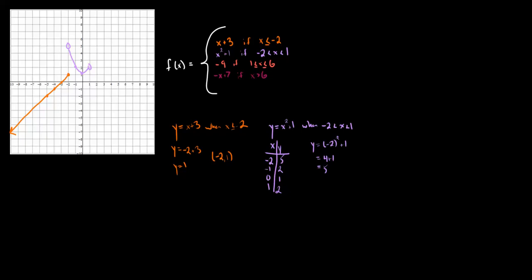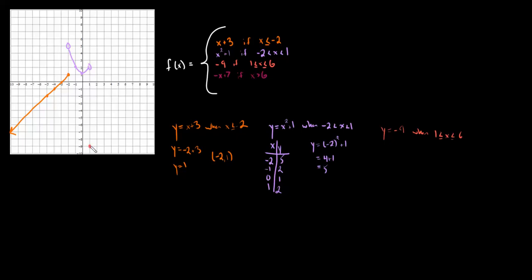Now, from there, we have y is equal to -9 when x is in between 1 and 6. When x is in between 1 and 6, and notice both of these are included. So I'm going down to -9. Remember, this is just a horizontal line at -9, so I'm going to go down to -9.